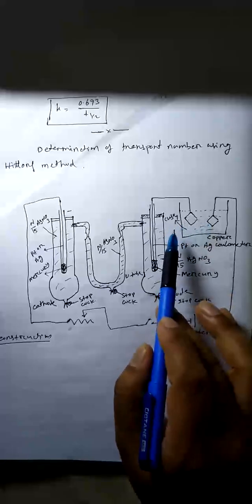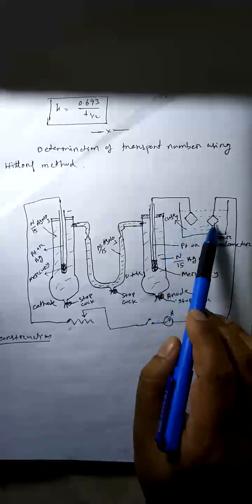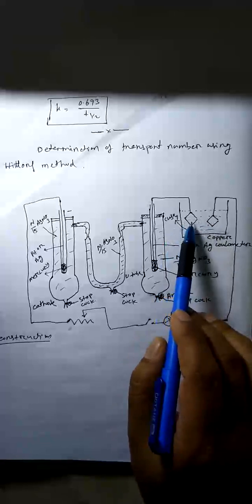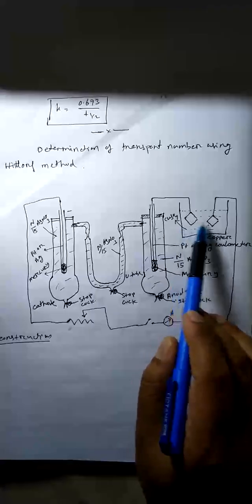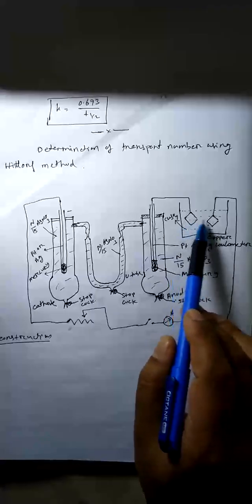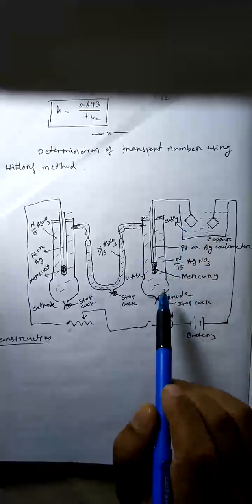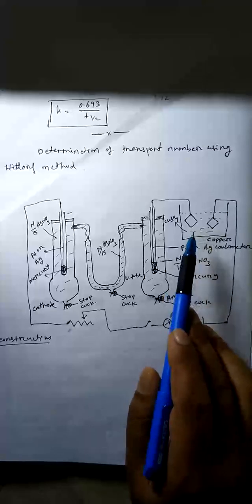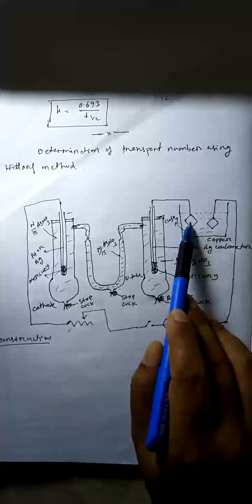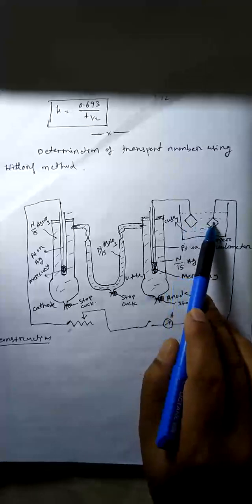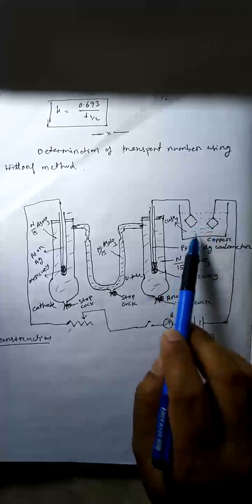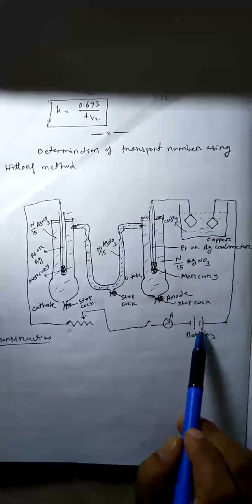The anode and cathode are both copper. The cathode is pure copper, and the anode may be impure copper, or you can take both as pure copper electrodes. These are connected with a battery.